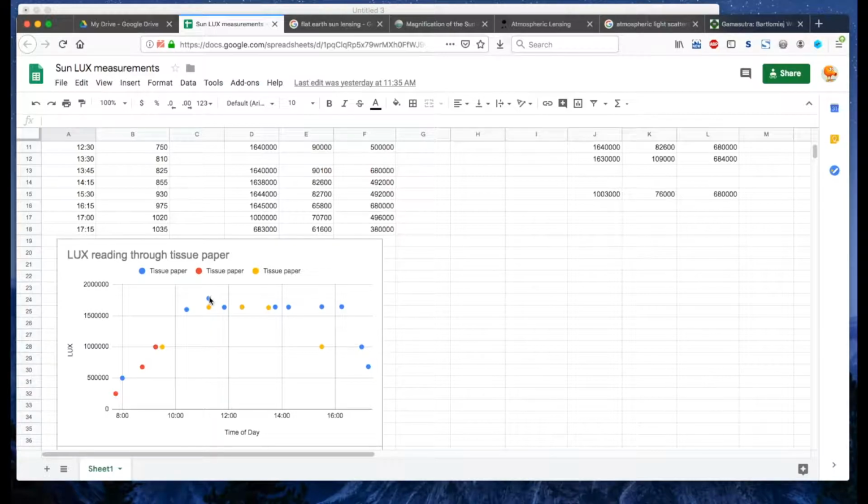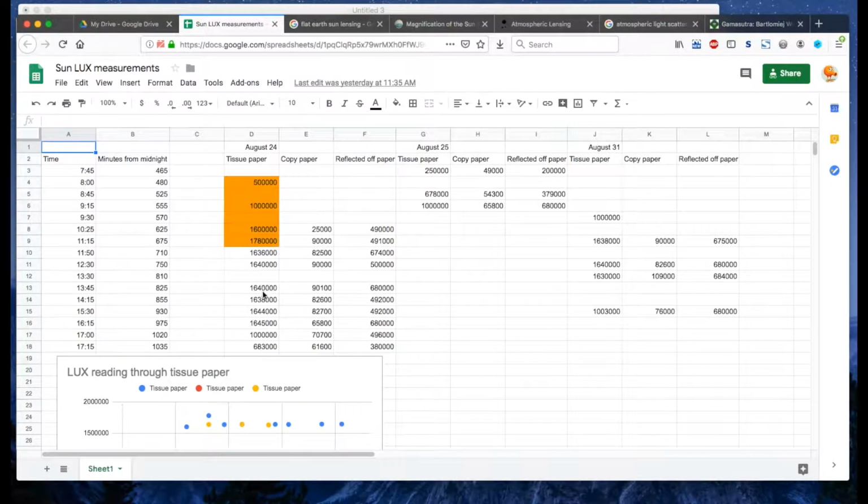This one here, I think, was one of the first ones. Yeah, so the ones that are in orange here were, I was using the maximum peak that the app on the phone gave me. So I was trying to go for the peak, and then at one point I realized that it would be better.